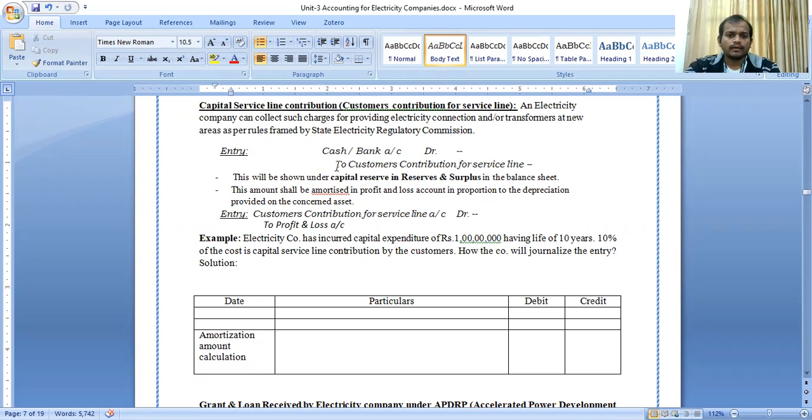Okay, let's go with an example. An electricity company has incurred a capital expenditure of 100 lakhs having a life of 10 years. 10% of the cost is capital service line contribution from the customers. So how to journalize this entry? We received a contribution from the customer. Once we receive it, cash account or bank account debit to customer contribution for service line account.